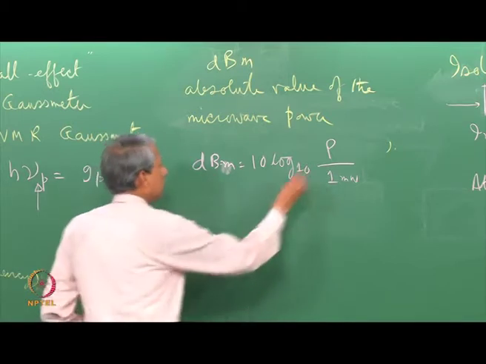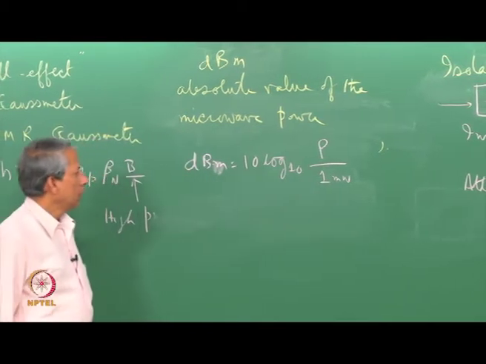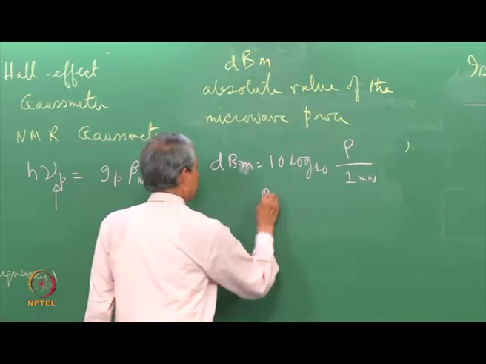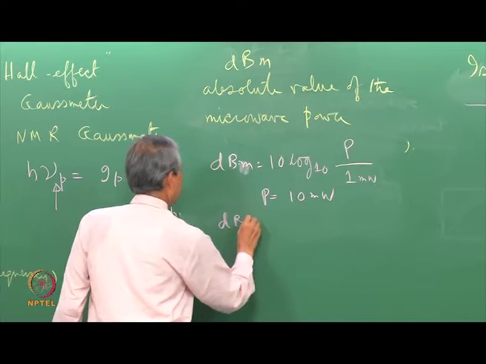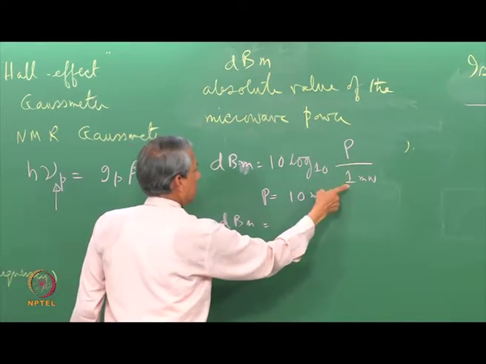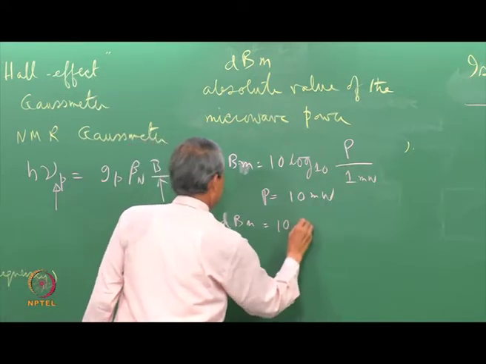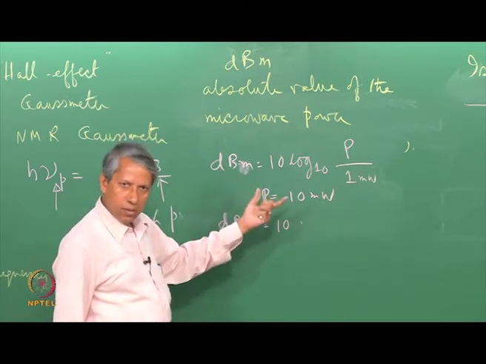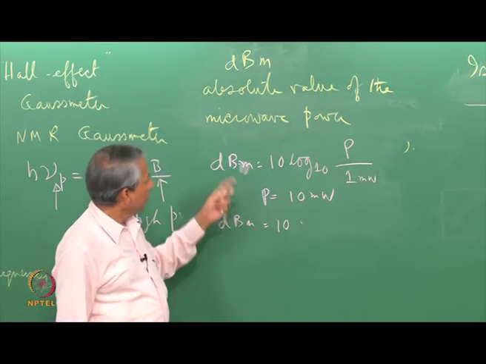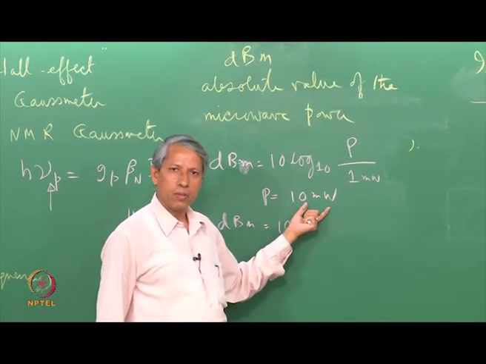But if P is, let us say, 10 milliwatt, then in dBm this by this is 10, log 10 is 1, times 10 is 10. So, 10 dBm power is equivalent to 10 milliwatt of power.